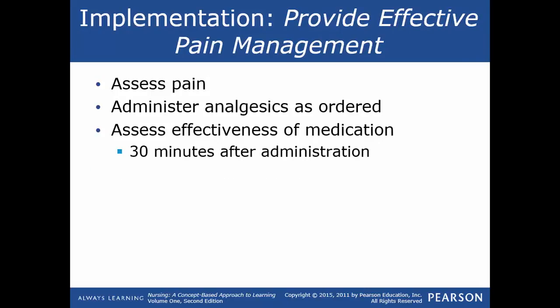In promoting effective pain management, you want to assess their pain, the etiology of the pain, location, severity, and duration of the pain. Administer analgesics as ordered preoperatively and postoperatively, and remember, they do not give the strong analgesics preoperatively until after the diagnosis is made, because you don't want to mask their symptoms. Assess effectiveness of the pain medication. This is done 30 minutes after administration.